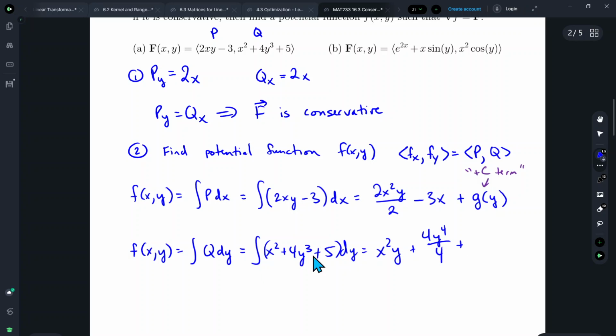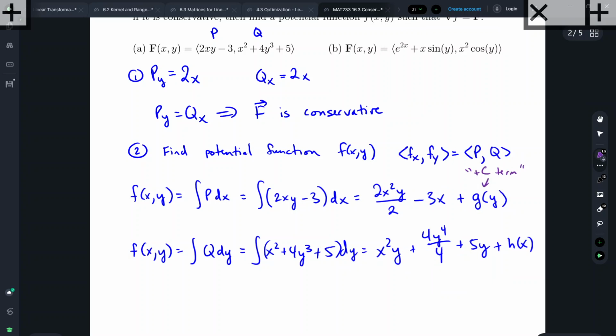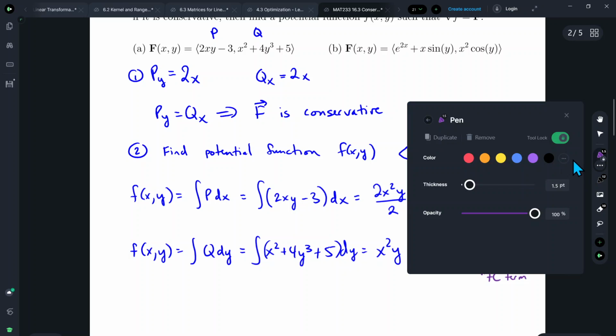And the antiderivative of 5 would be 5y. And again, we have a constant term, but because we're thinking of x as being the constant, the constant term would be a function of x this time. Okay, so again, this h of x represents the plus c term that we typically have for indefinite integrals.